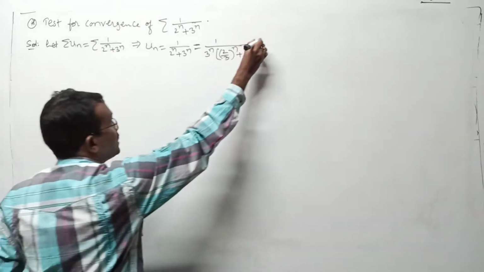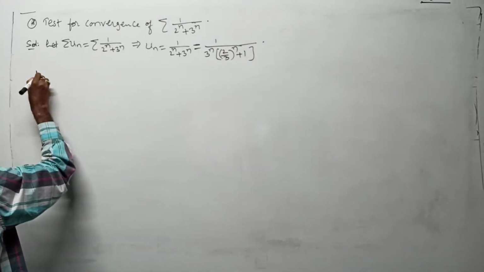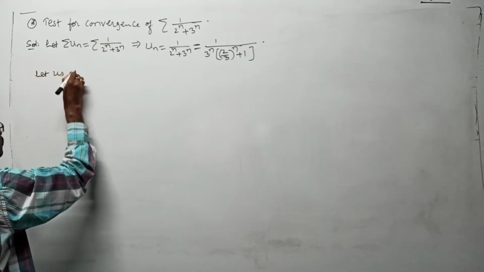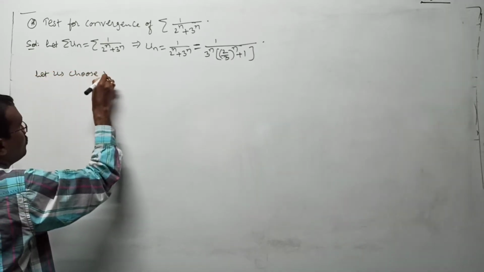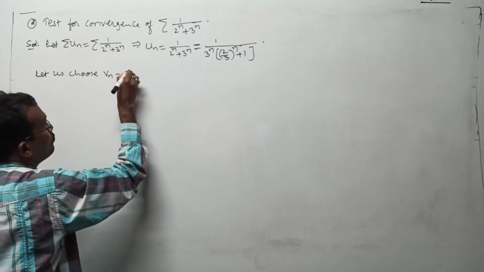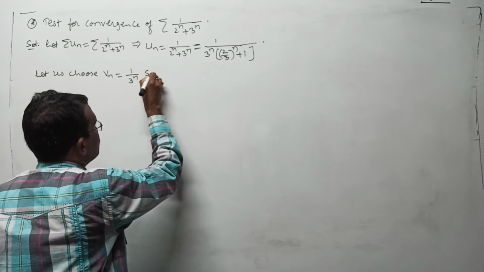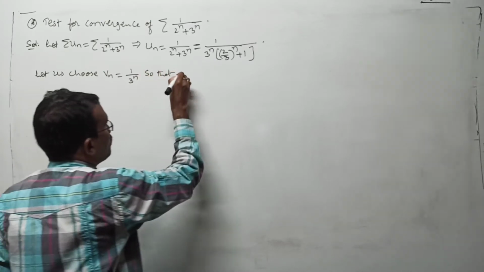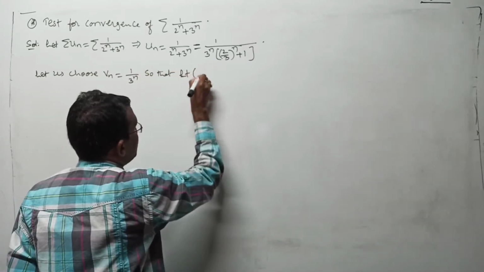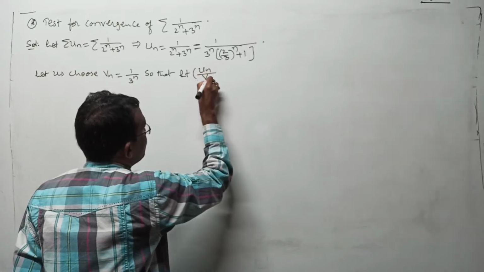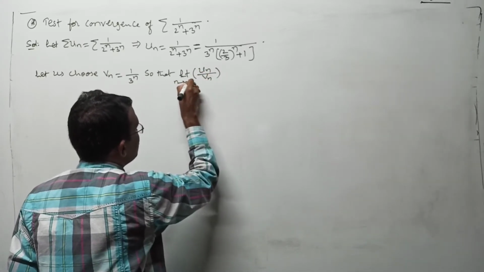Let us go to the selection of Vn. Let us choose Vn is equal to 1 by 3 power n. After choosing Vn, you have to proceed to check whether it is correct or not. For that, find the limit of un by vn as n tends to infinity.